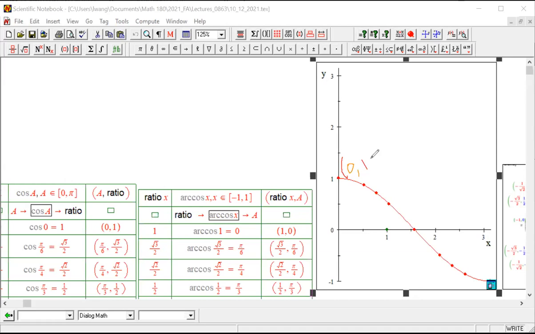With that swap, 1 is the ratio, and the orange becomes the angle. Input and output swapped. Do you guys see that?